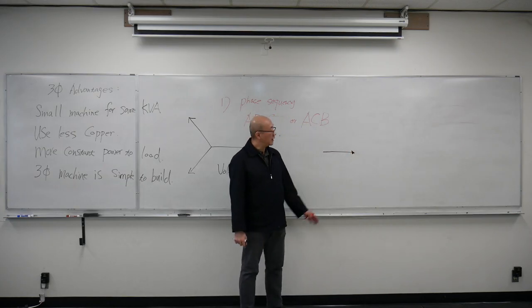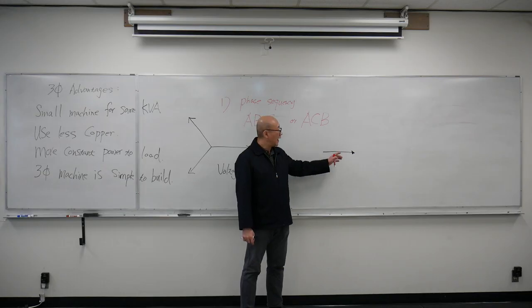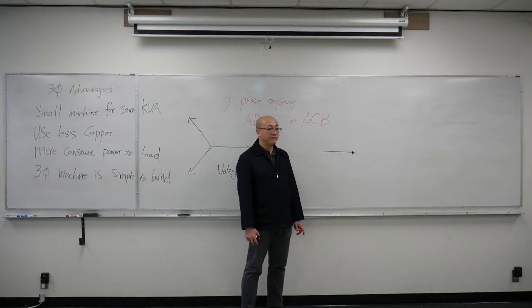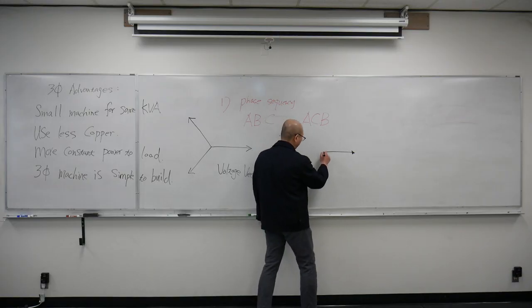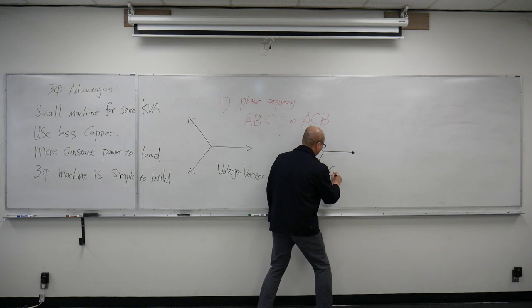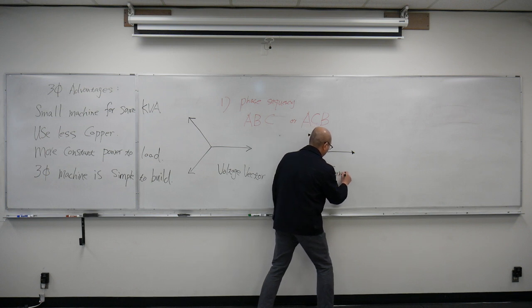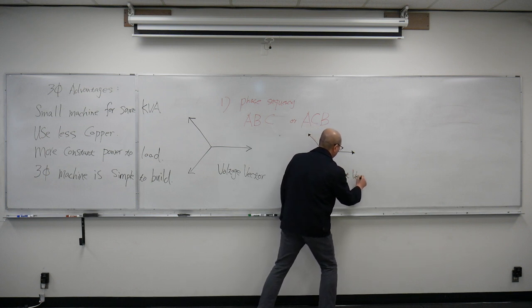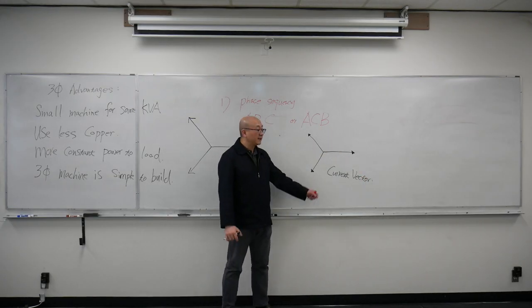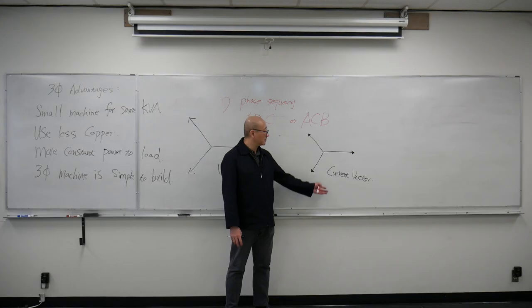If I draw a current vector, I use a closed end to represent the current vector. Here will be the vector diagram for three-phase current.